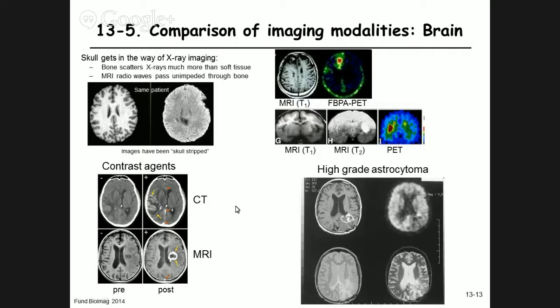So here's an example of high-grade astrocytoma. Different images. So we're looking here at the top left. Fat is bright. Exquisite soft tissue contrast. So what kind of imaging technique is that? T1 or T2 weighted or CT?